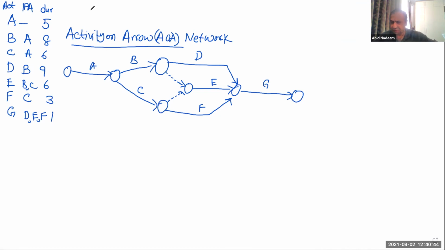Professor, I'm asking this because I just noticed that activity on node is more convenient. Of course, it's more convenient, yes. But let's do this one so that you know both methods, okay?